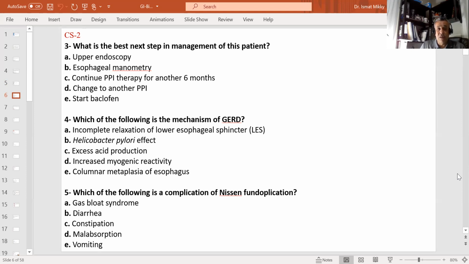So the LES, or the cardiac sphincter, should be tightened surgically. And the best next step in the management is to refer the patient for esophageal manometry as part of the preoperative workup before the anti-reflux surgery, before the surgical procedure.